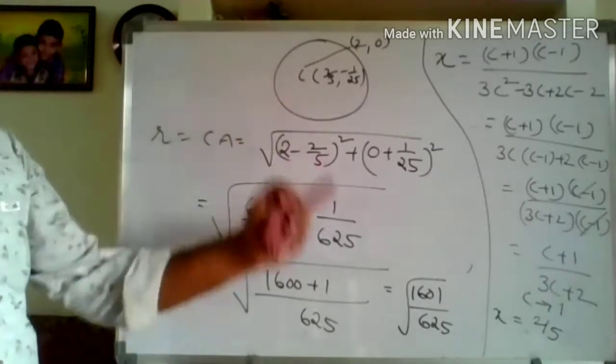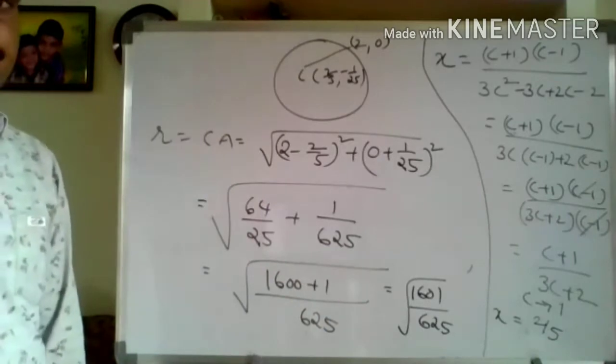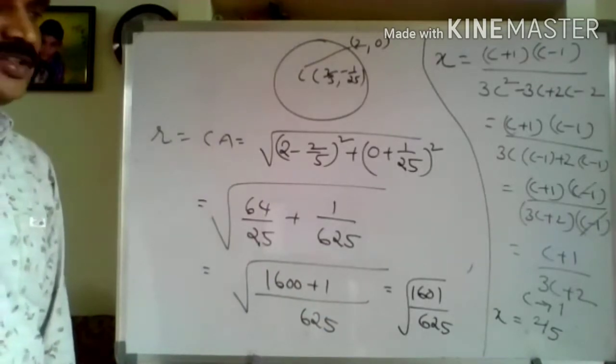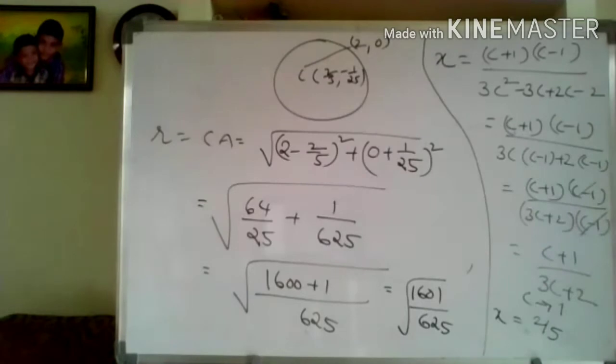With the center and radius, the circle equation formula is (x minus h) whole square plus (y minus k) whole square is equal to r square.